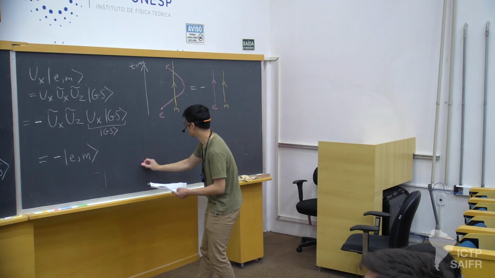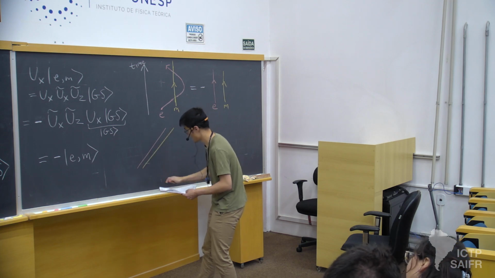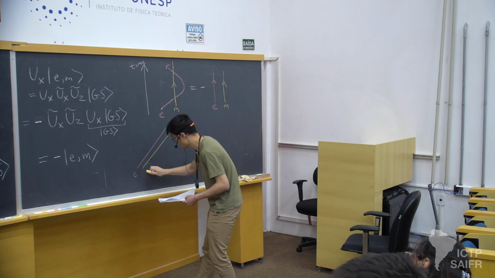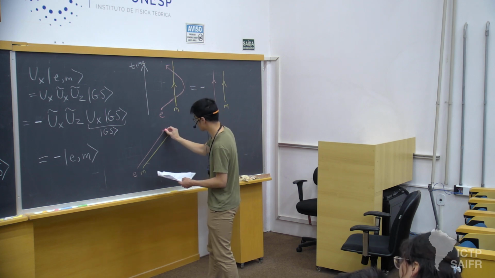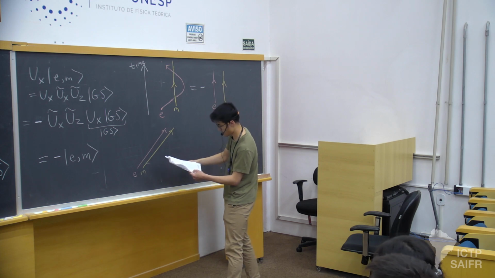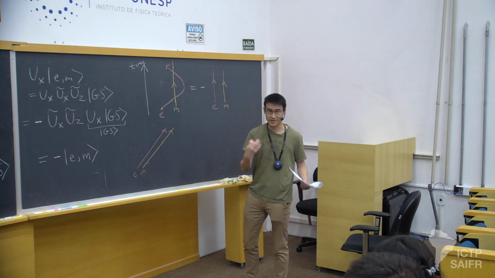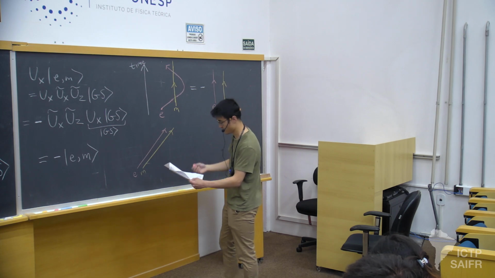So we can look at an E and an M pair. Okay, and let's see what type of particles these are. Okay, so we want to exchange a pair of E and M particles.